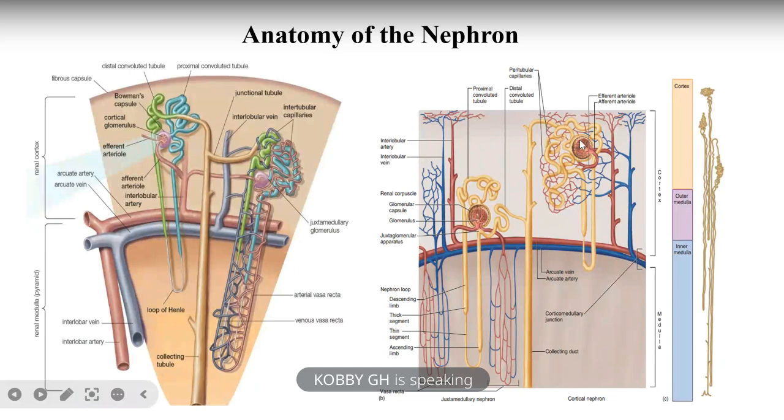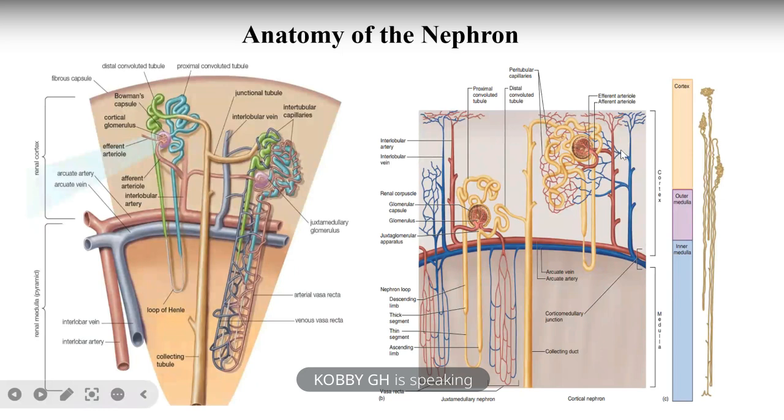They constitute approximately 85% of all nephrons, whereas juxtamedullary nephrons constitute 15%. That tells you that we have more cortical nephrons in the kidneys as compared to juxtamedullary nephrons.